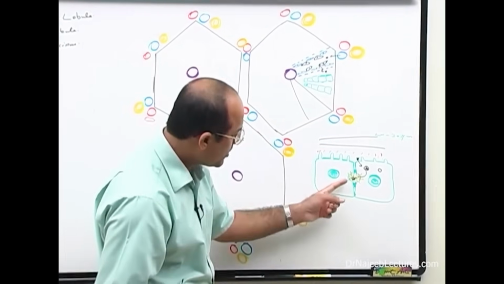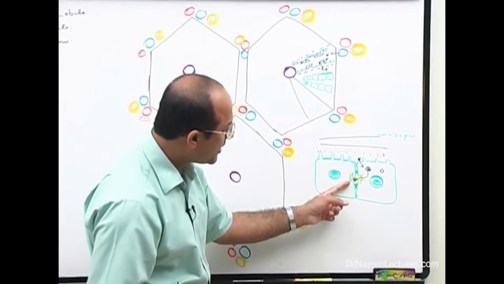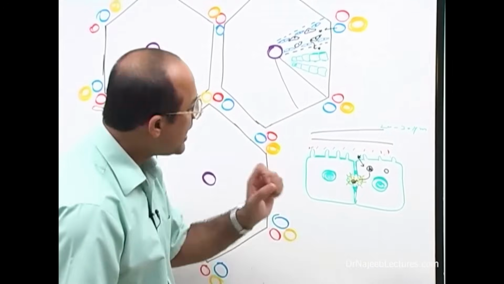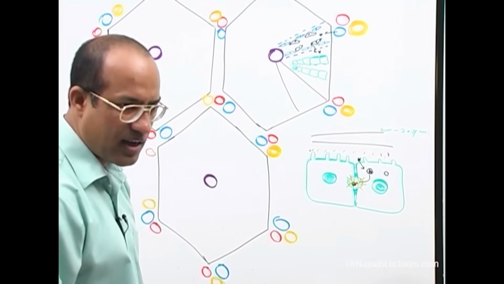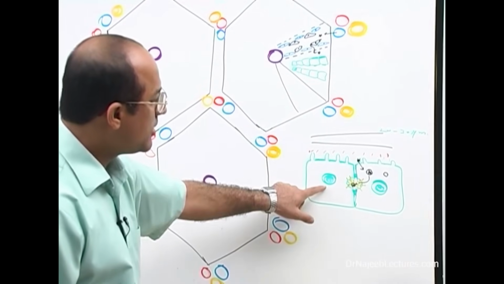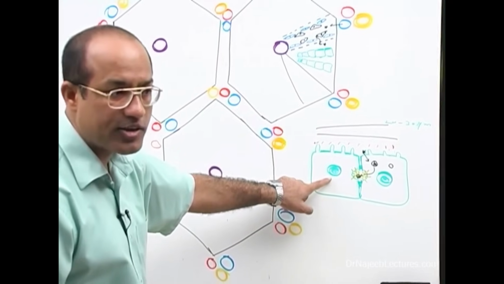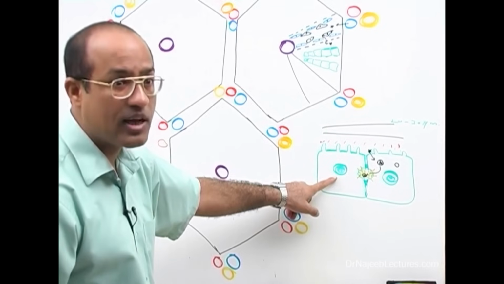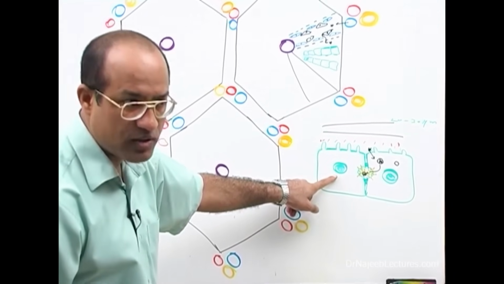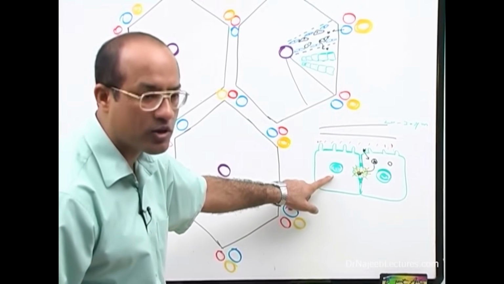Now, this is the exact position of the biliary canalicular system, right? Another thing which is very important, that hepatocyte cells have a lot of mitochondria, 800 to 1000 mitochondria per cell. They have a lot of lysosomes. They have a lot of peroxisomes.